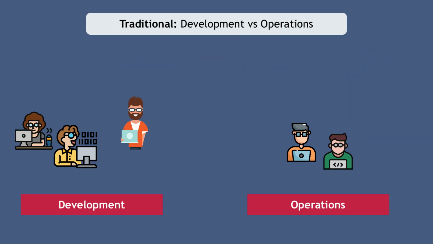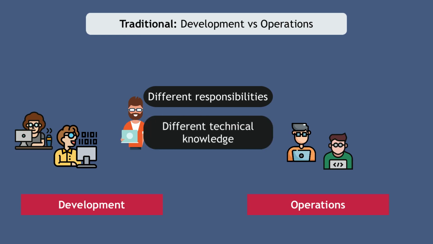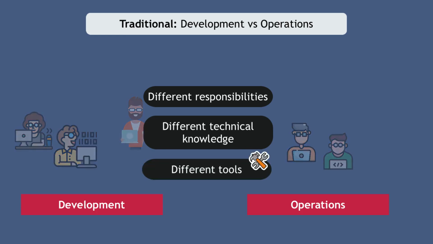And that's how software development and IT operations teams and their responsibilities completely differ from each other. So they're both responsible for their different areas. But you probably also notice that they need completely different technical knowledge and knowledge of completely different tools to do their jobs.